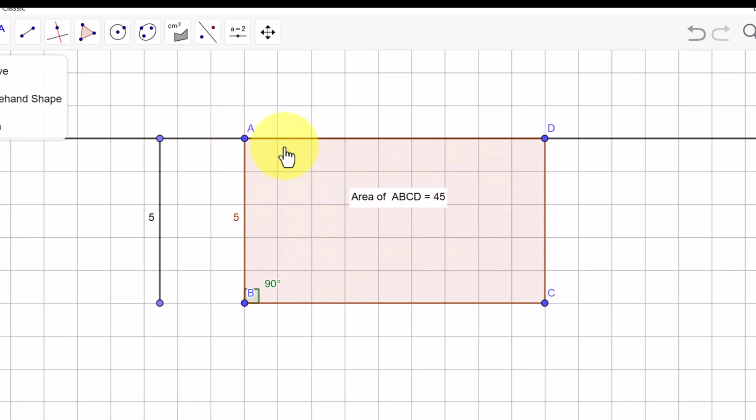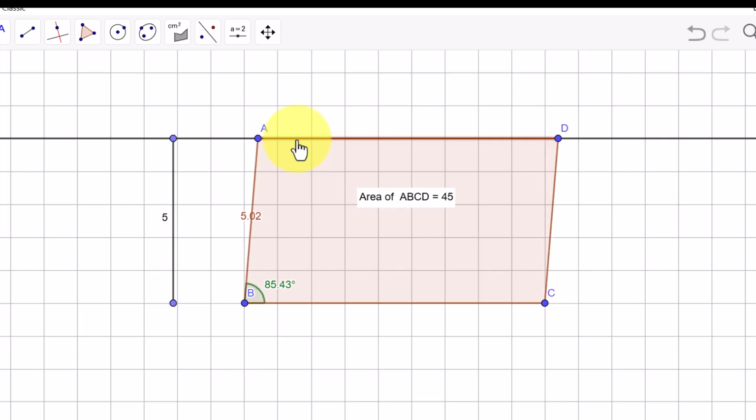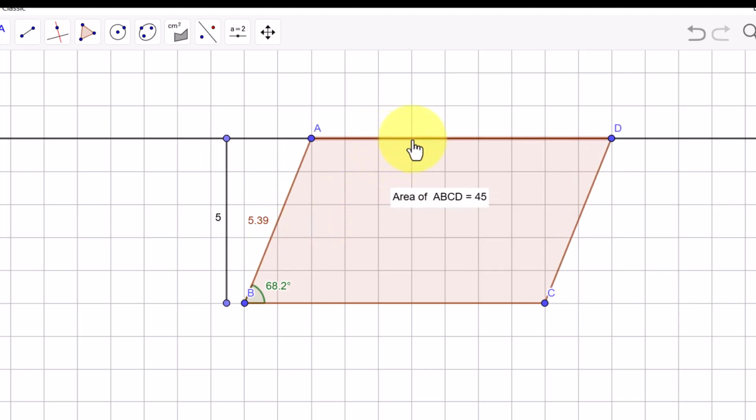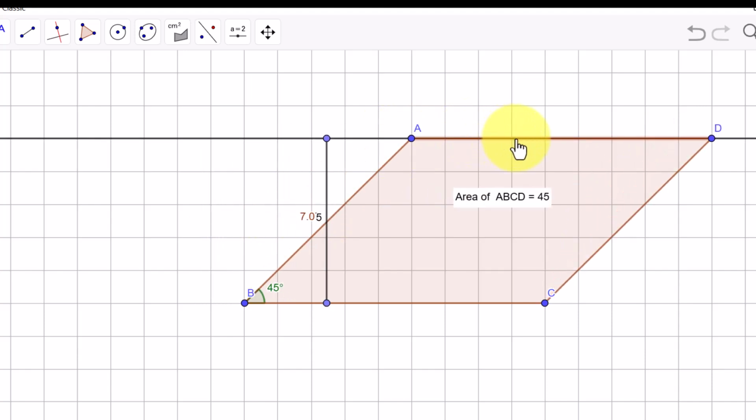So if I twist the leg, let me move this top. So if I move this top the way I explained it, you can see that this place is no more 5, it's now increased, it's now 5.1 something. Let me make it very long, let's go far. You see, it's now about 7, but this height still maintains 5. You see, but the area did not change.